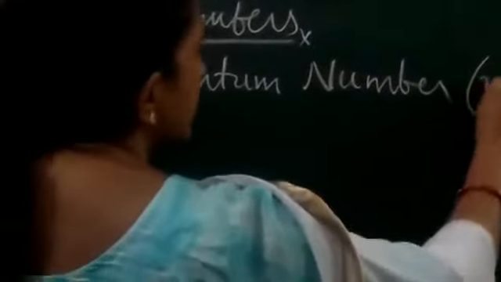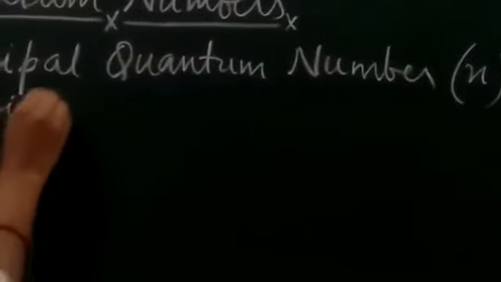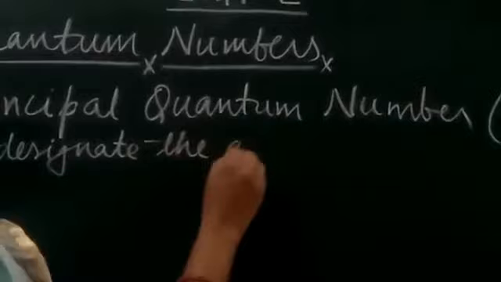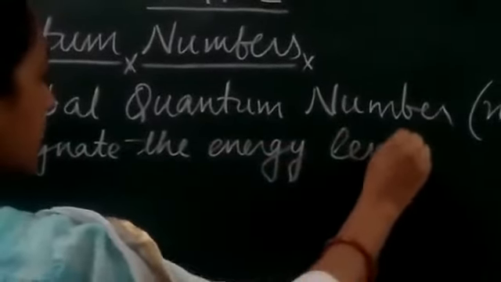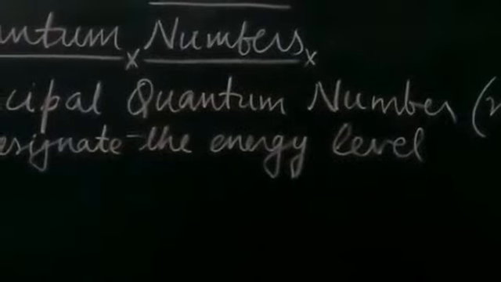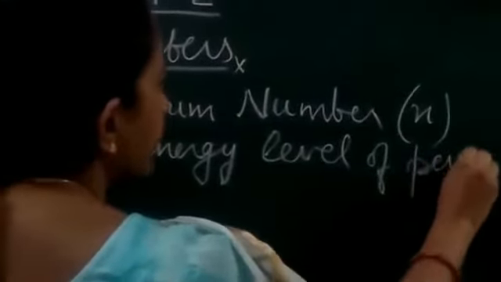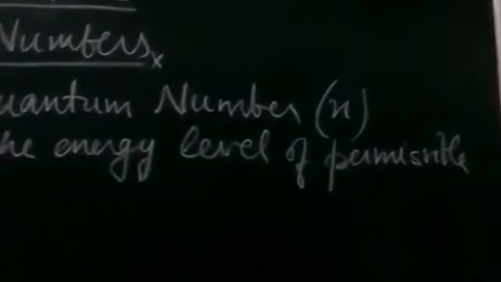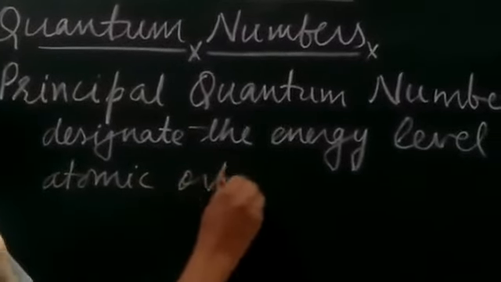denoted by small n, and it designates the energy level of the permissible atomic orbital.